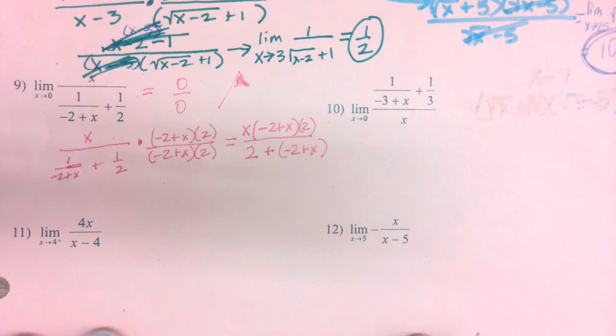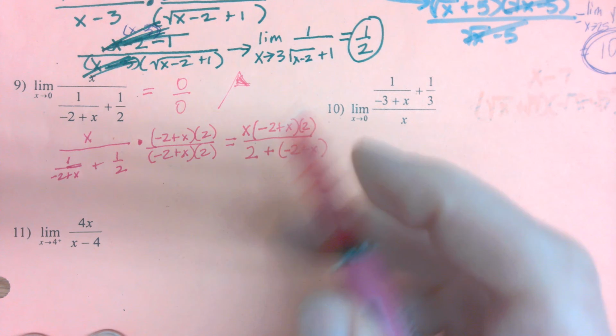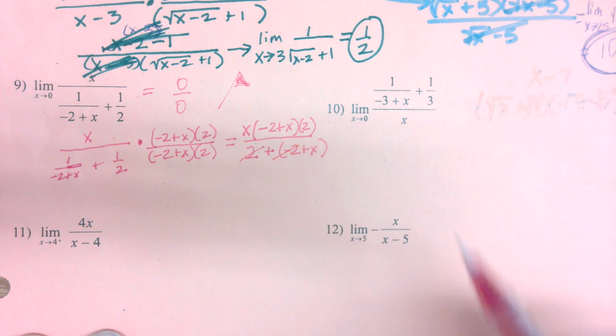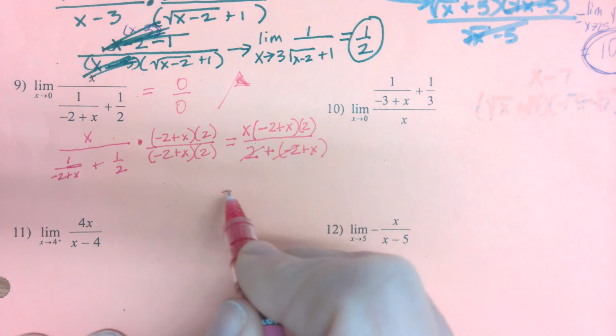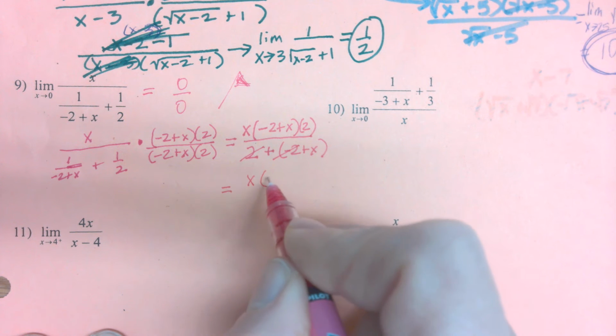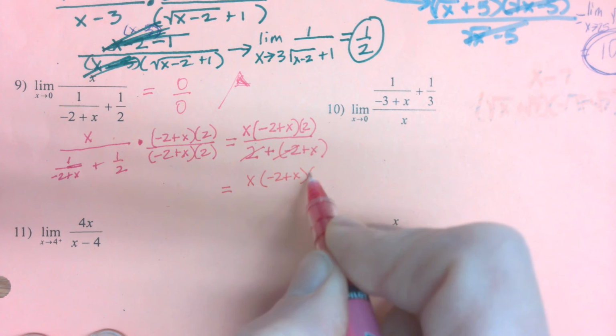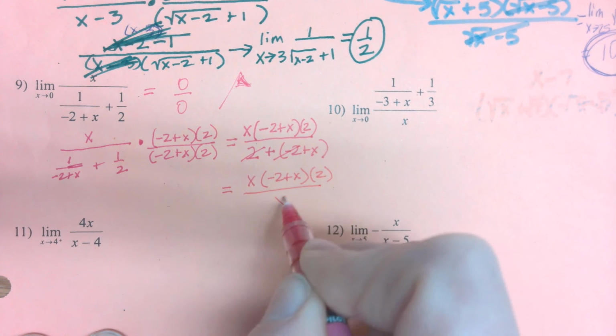How does that benefit me? The negative 2 plus negative 2 will cancel out, leaving me with x times negative 2 plus x times 2 over x.